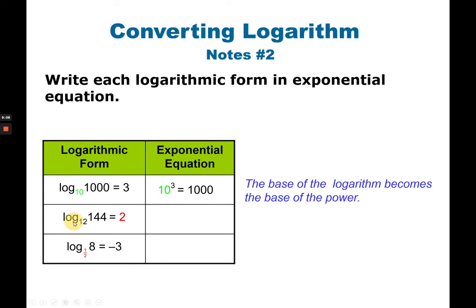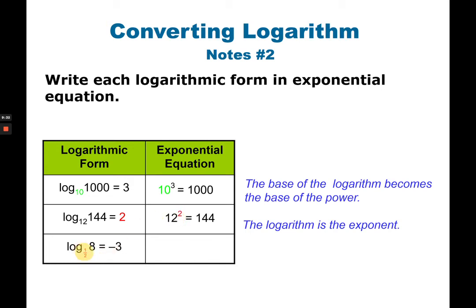Your second example, logarithm base 12 of 144 is equal to 2. It's actually 12 to the power of 2 is equal to 144 in exponential form. The logarithm is the exponent in your exponential form.